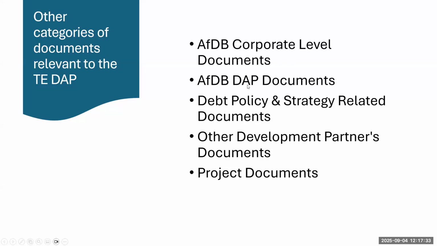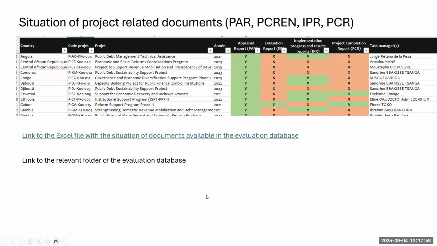You will have AFDB DAP action plan documents, those related to the DAP. You will have documents related to the debt policy and strategy. You will have documents from other development partners, and then you will have project documents, those relevant to your specific project.